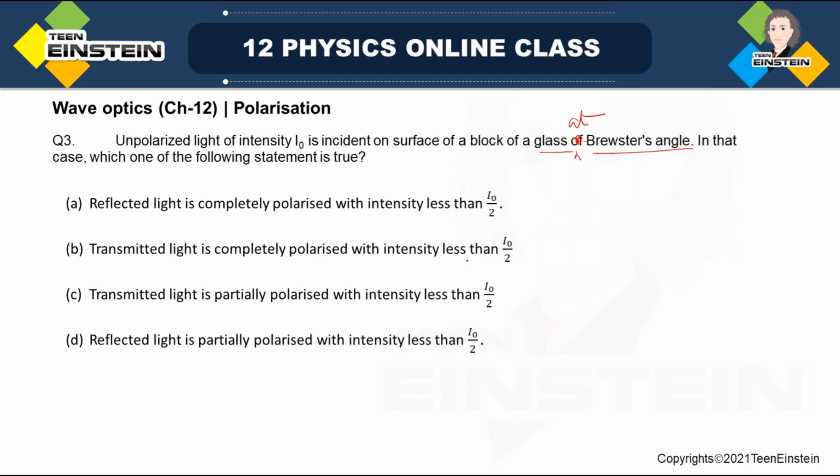Before we answer, let me read the options. Reflected light is completely polarized with intensity less than I0 by 2. The transmitted light is completely polarized with intensity less than I0 by 2. Transmitted light is partially polarized with intensity less than I0 by 2. Reflected light is partially polarized with intensity less than I0 by 2.